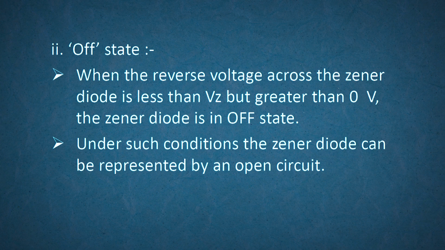The second state is off state. When the reverse voltage across the Zener diode is less than Vz but greater than 0 volt, the Zener diode is in off state. Under such conditions, the Zener diode can be represented by an open circuit.